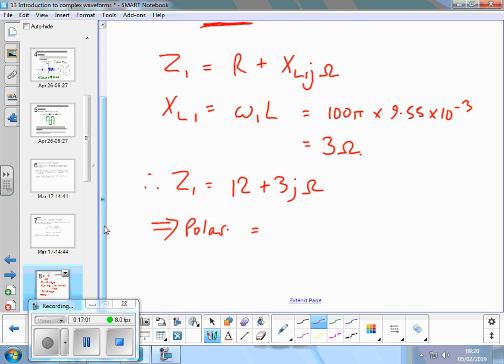Omega means radians. I think it'll be omega. What we got then? Anyone push them buttons yet?